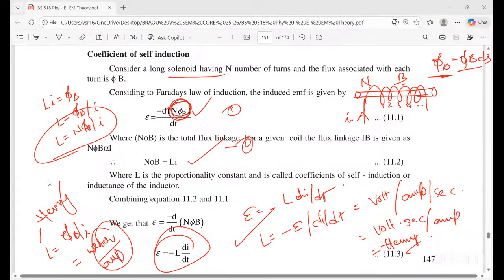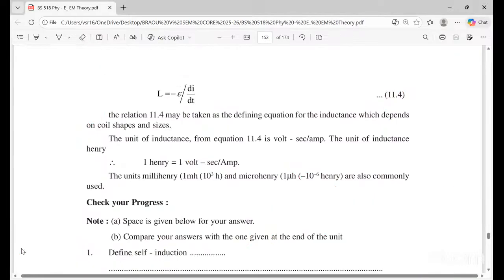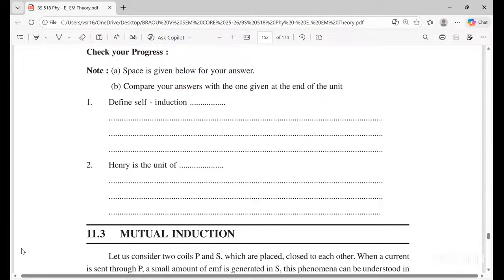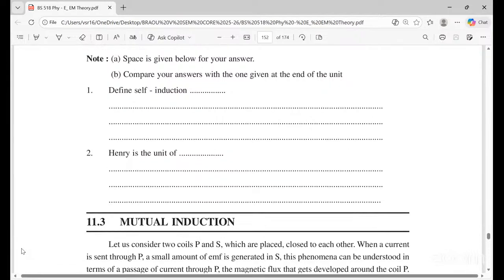Only thing is that you need to practice. See here, 1 volt second per ampere. Same, L equals minus E by dI by dt. Millihenry is 10 power minus 3 H and micro is 10 power minus 6 Henry. Define self-inductance, and Henry is the unit for inductance.